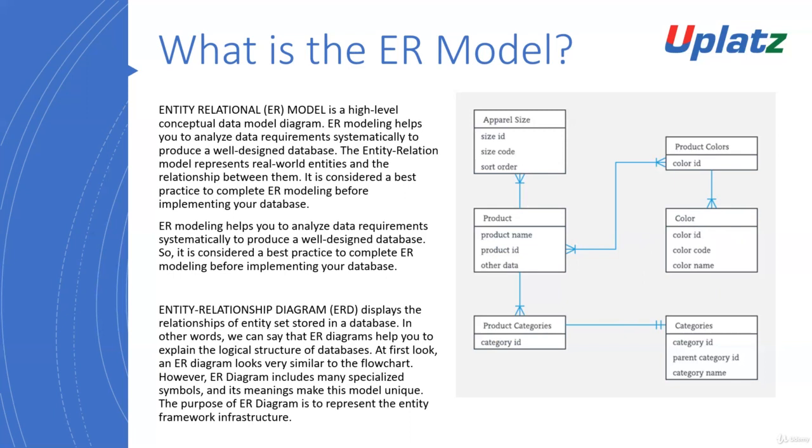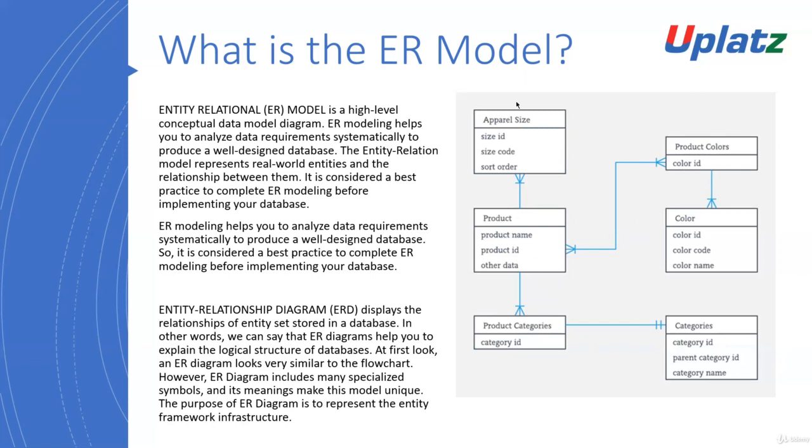The basic purpose of an ER diagram is to represent the entity framework infrastructure. This basically helps us understand how our database will look once we have implemented it, and for which we have to come up with an ER diagram which shows all individual entities, that is apparel size, product colors, product categories, and categories in our case, for example.